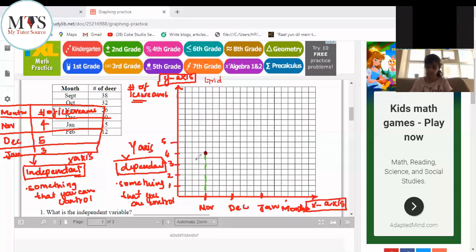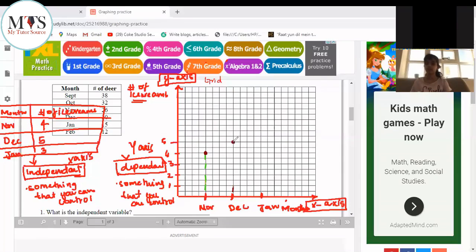And what about December? December, you just go up until number 5. So you're going to go up, then you can do a dot there. Okay, so I do a dot directly? Yes. So it's going to be over here?